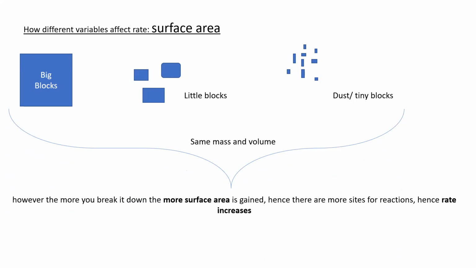When breaking it down, you create more surface area, so there's more sites for reaction. So for the same proportion of particles that do come together and have a reaction, you're basically increasing the total amount of possible reactions.